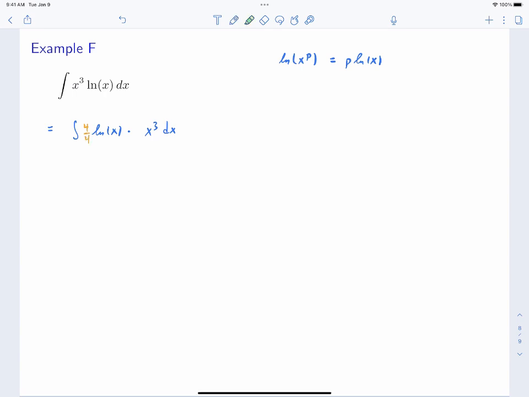Now, why on earth would I do that? So I'm going to take out the 1/4, and I'm going to have the integral of 4 ln of x times x cubed dx. And this is it right there.